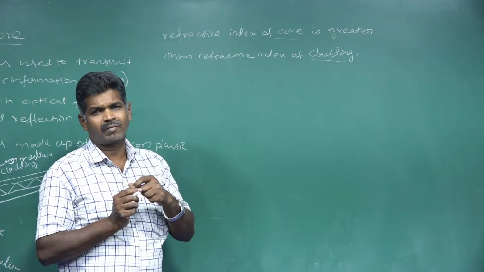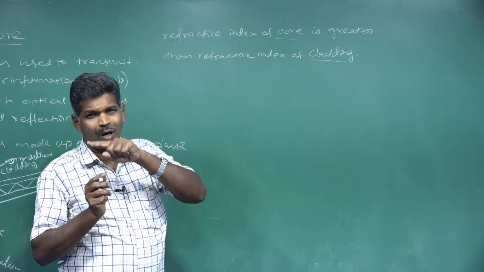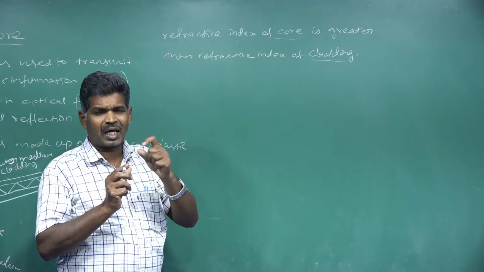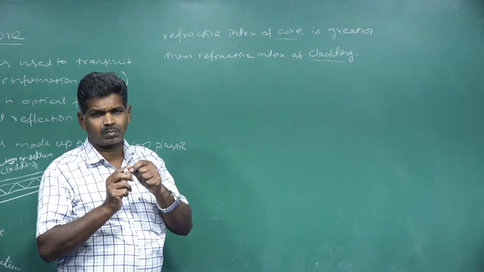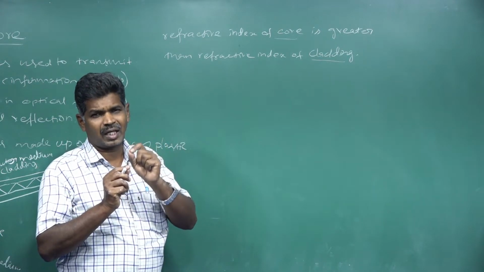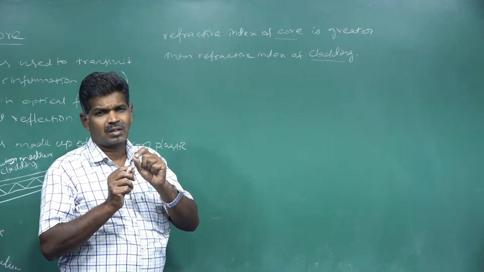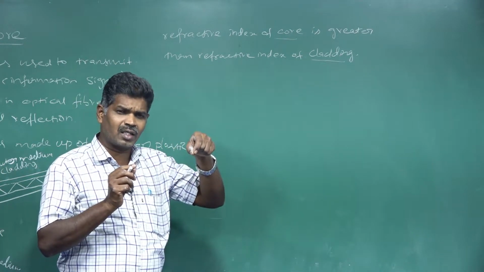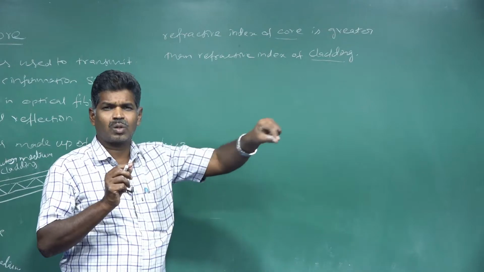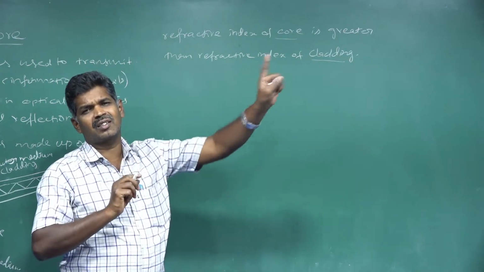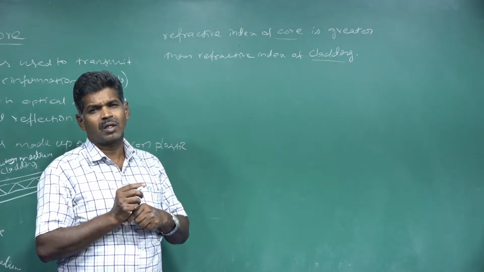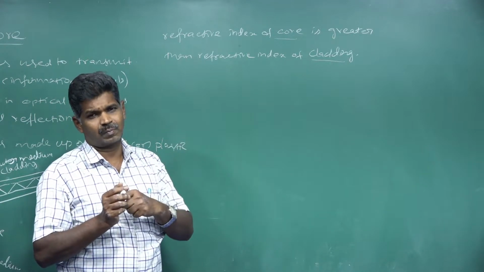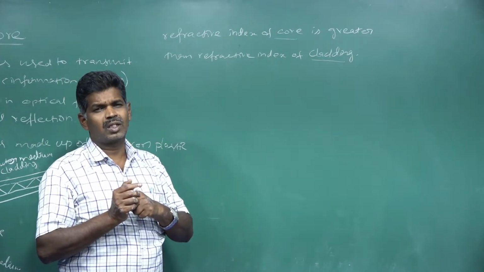If the angle of incidence from outside to the core is within a certain range, from 0 to a certain angle only, then that light makes a total internal reflection and passes through the core itself and reaches the other end. Above that angle, it makes a refraction and comes out through the cladding.